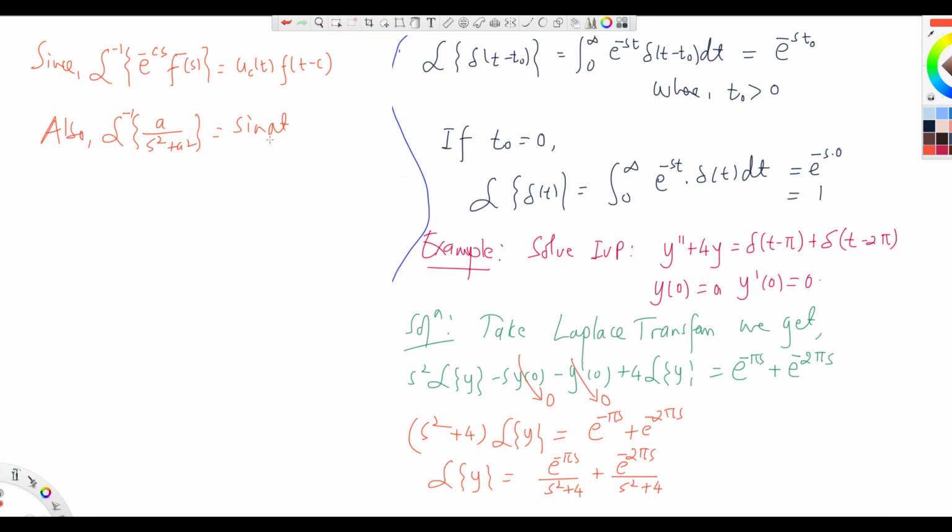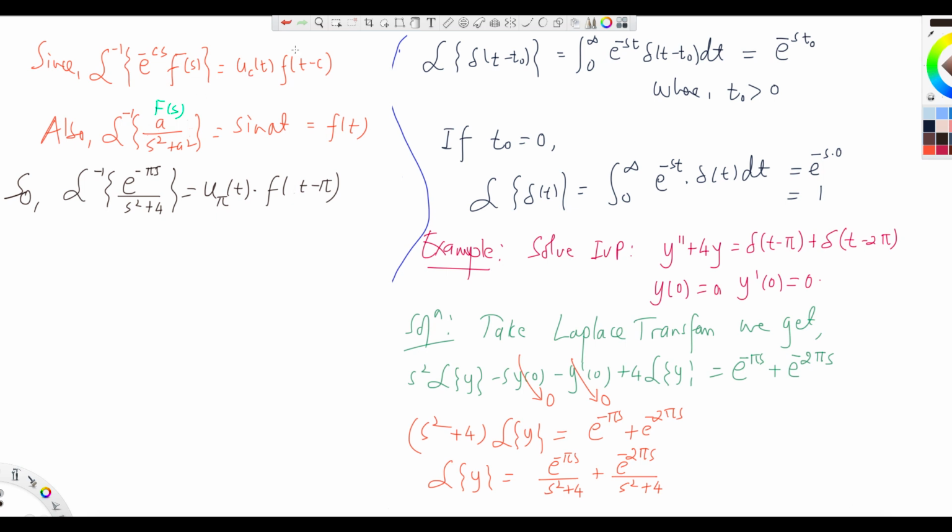You can think of that as f of t, and this is like F of s. So the inverse Laplace transform of e to the negative pi s over s squared plus 4 can be written as u_pi of t times f of t minus pi.